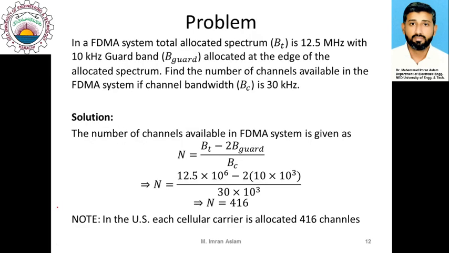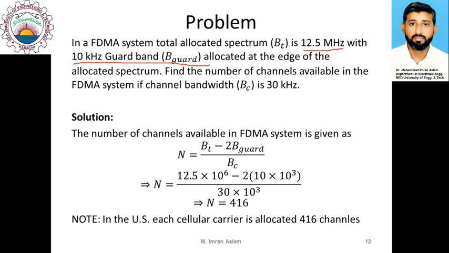So let us take a simple problem related to FDMA system. Let's say we have an FDMA system where the total allocated spectrum is 12.5 megahertz. For this 12.5 megahertz, a 10 kilohertz guard band is allocated at the edge of the allocated spectrum.